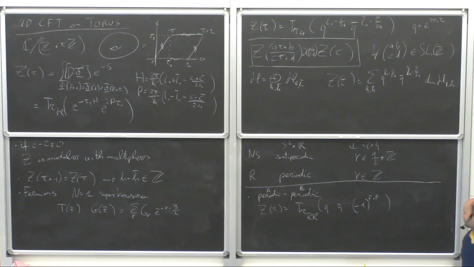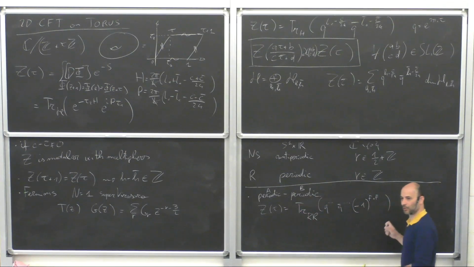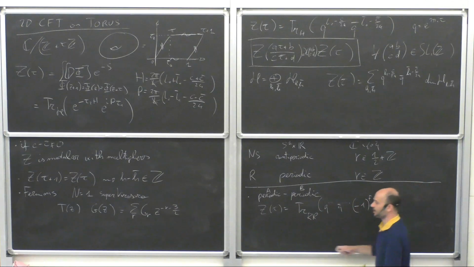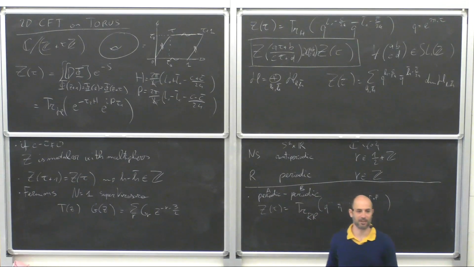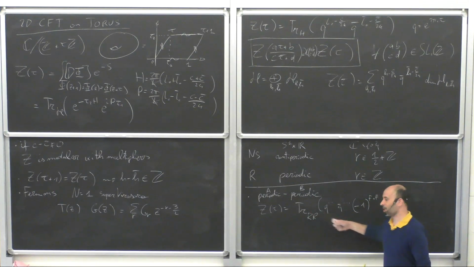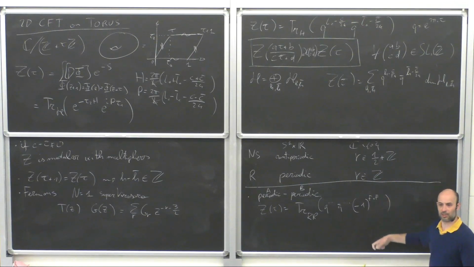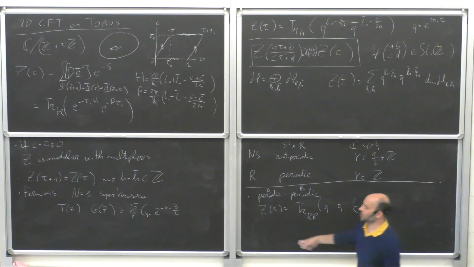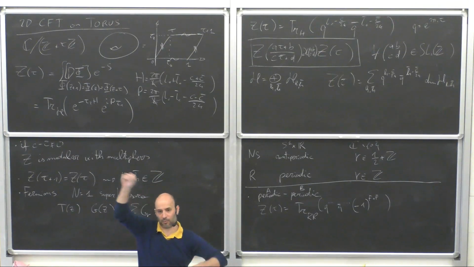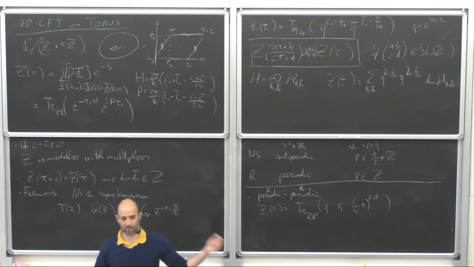So if you are computing this trace where you only look at the Ramond-Ramond part of your spectrum, and you insert this (-1)^F, then you expect this to be SL(2,Z) invariant. You can, of course, look at traces over other sectors, and you can also decide not to put this (-1)^F, but that corresponds to putting some anti-periodicity conditions around one or the other cycle or both.